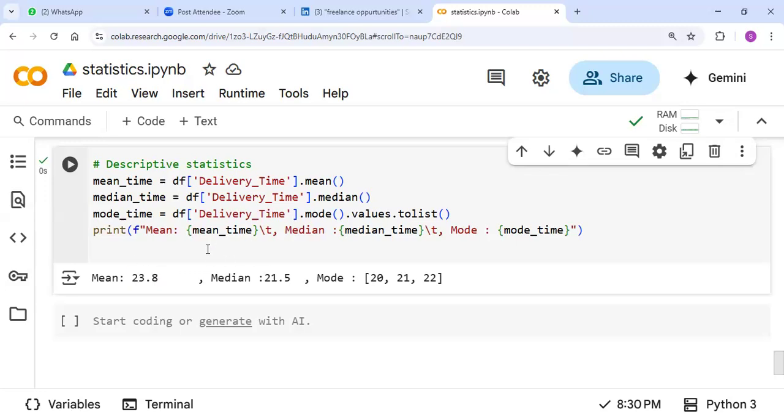On an average, you can say that 24 minutes of delivery is happening according to this data. But with a real exploration, you can see that most of the customers have been receiving their deliveries in only 21.5 minutes.